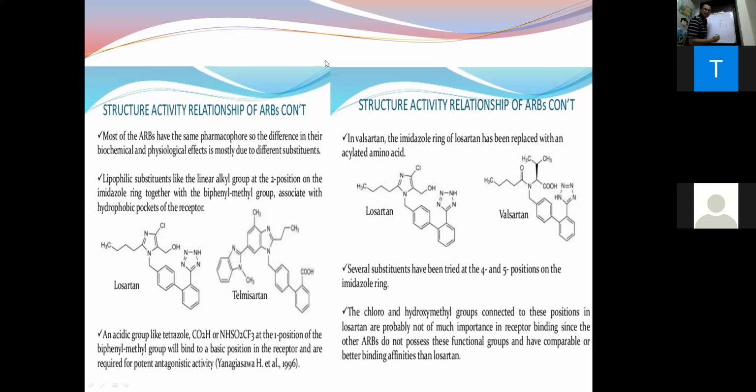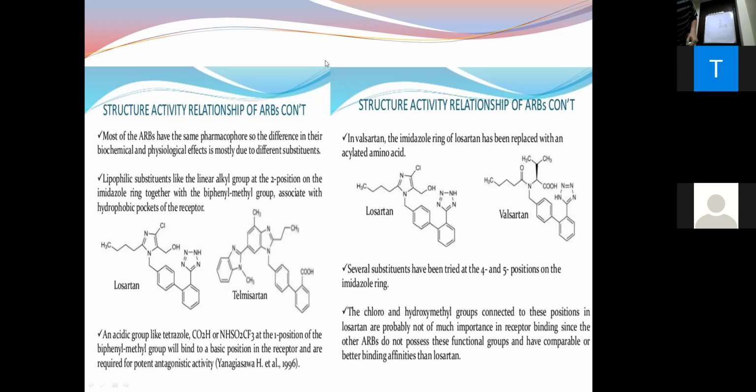It contains an acylated amino acid. This is an amino acid over here. If you can see, I'll just draw it in a different color so that you can understand.